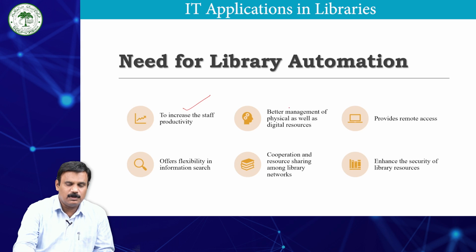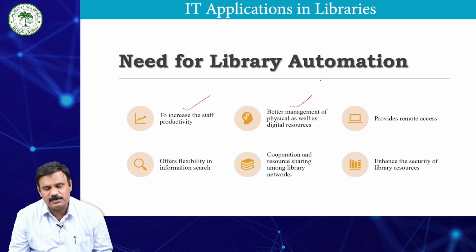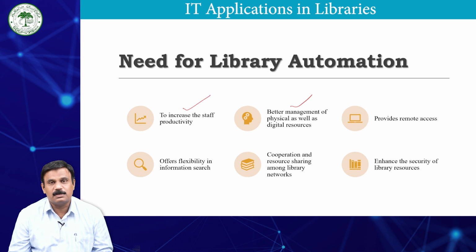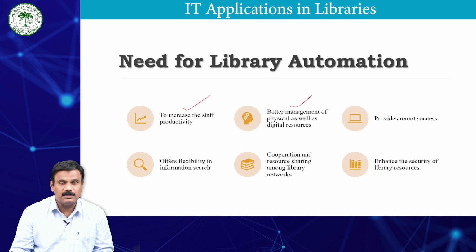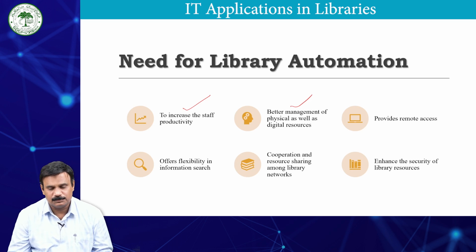It will also give better management of physical as well as digital resources. We can easily manage the various resources, whether literature, books, magazines, or journals, both digital and other resources, if we are with the automated system.